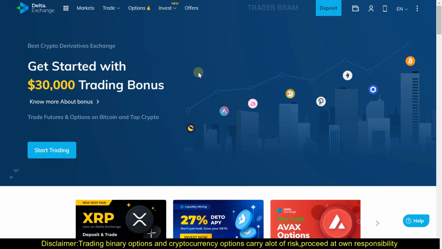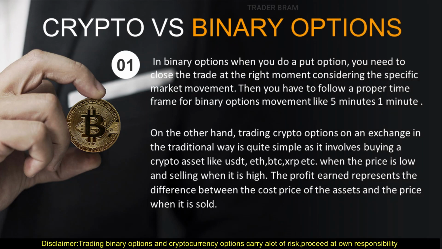First of all, we need to understand the difference between crypto options and binary options for us to be able to trade well. In binary options, when you do a put option, you need to close the trade at the right moment considering the specific market movement.